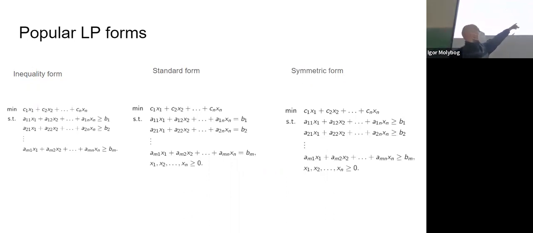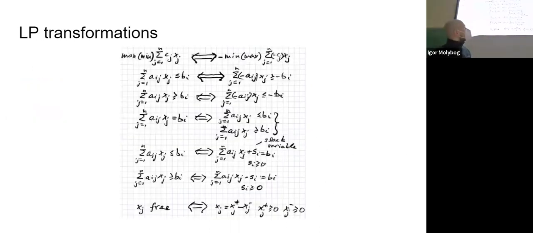And there is also a symmetric form where all of the constraints are inequalities, just like in inequality form, but all of the participating variables are assumed to be non-negative. So basically, symmetric form is a special case of inequality form. However, any linear programming problem has a symmetric form. It's pretty easy to verify this by just going over the LP equivalent transformations.